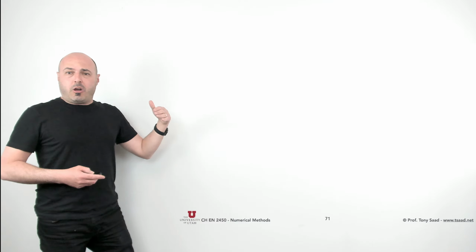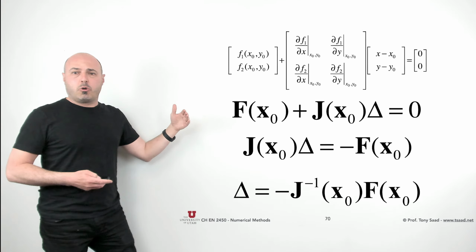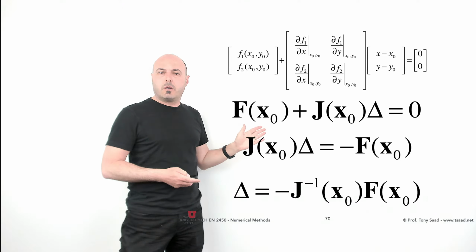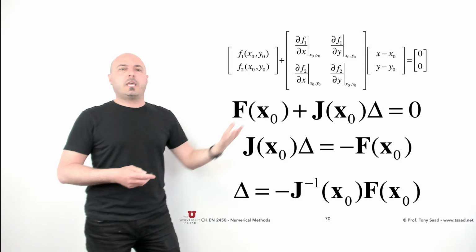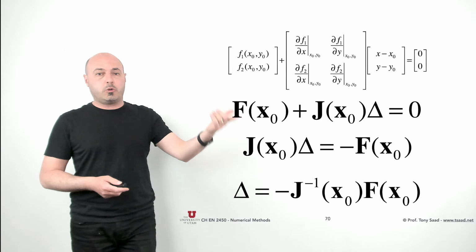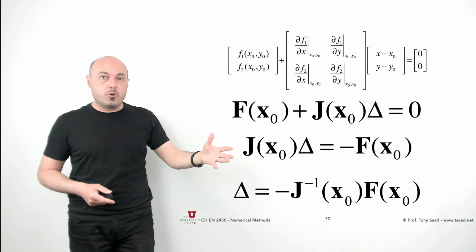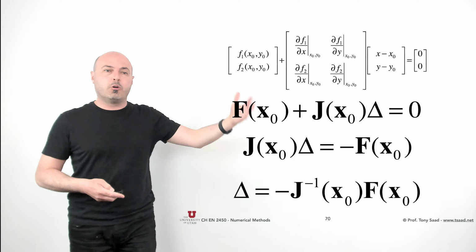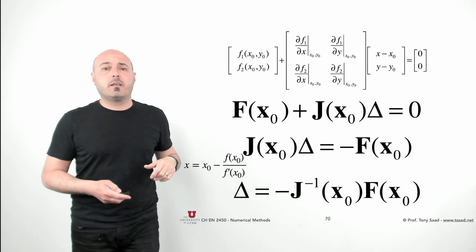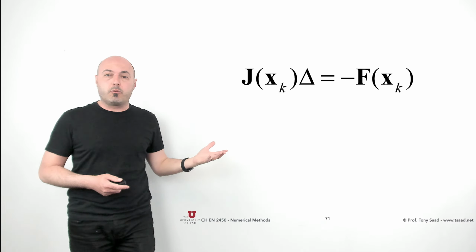Now, the way I presented this so far, we had x0 and x, right? But we know we're going to keep iterating, because you start with x0, you update, you solve for delta, you update your root, you use that as your new guess, right? And then you improve over and over again. So the best way to write this is with a counter.